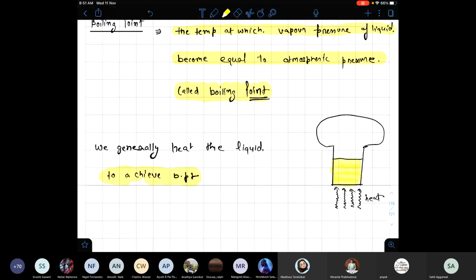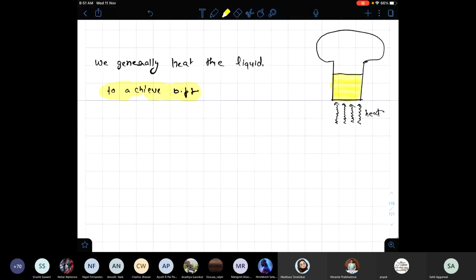That means atmospheric pressure should be bigger than vapor pressure, because we are increasing the temperature to increase vapor pressure, so that it becomes equal to atmospheric pressure.